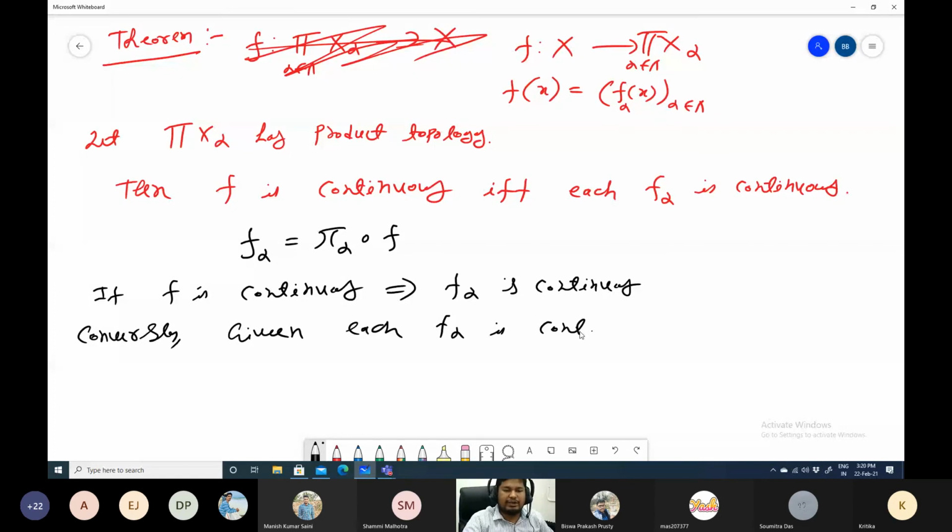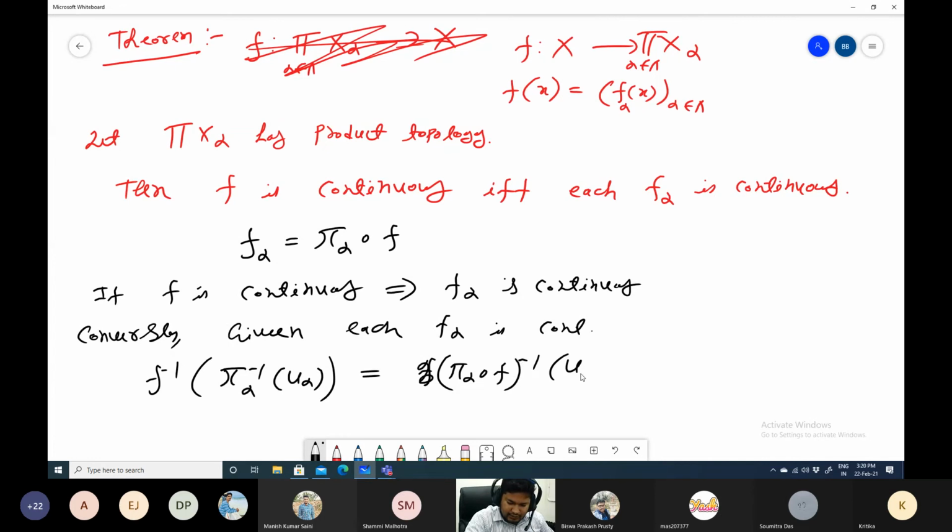We take the inverse image of any subbasis element. Now the f inverse image of any subbasis element will be f inverse of pi alpha compose f inverse u alpha, equal to f alpha inverse u alpha. Now again this is open as f alpha is continuous.